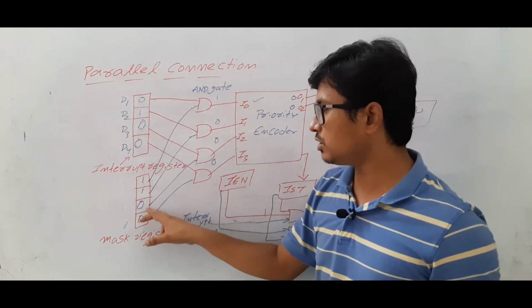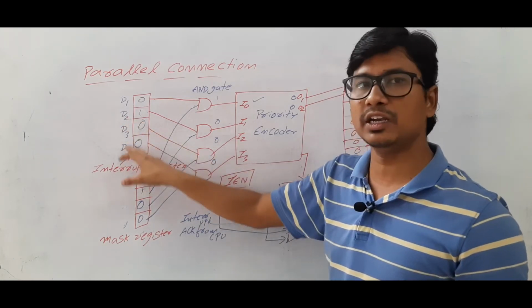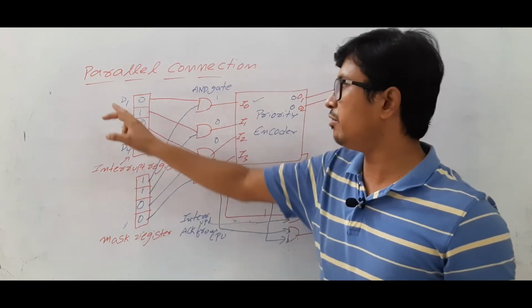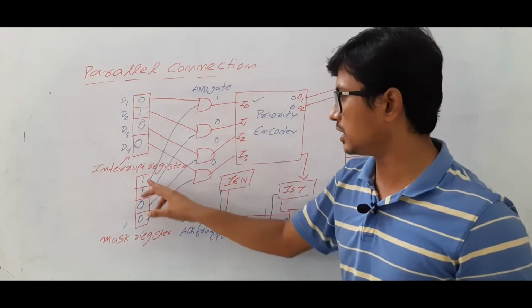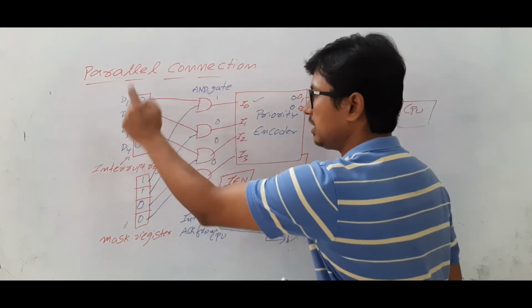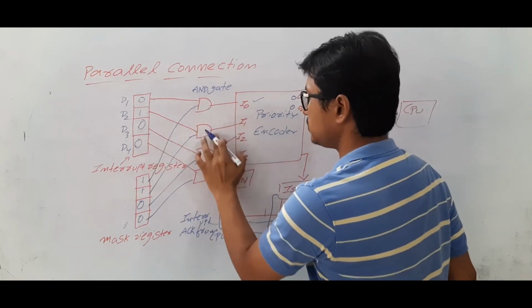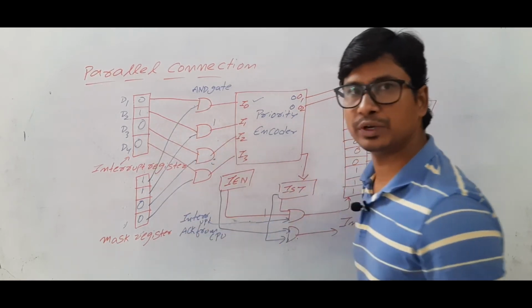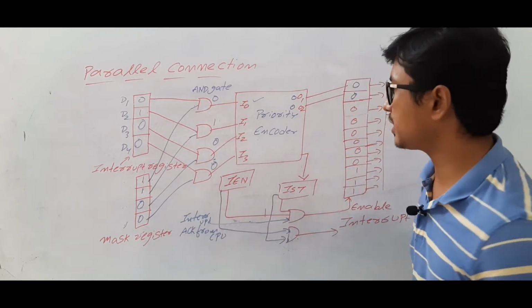Why did I keep 00 here? Because when device 2 is executing, the low priority devices should not disturb. However, a high priority device can still disturb it. Are you able to understand? That's why this is 1100. Now let's take it, because currently only device 2 is interested. So this AND gate will give the output as 1 and the rest of the device AND gates will give the output as 0.